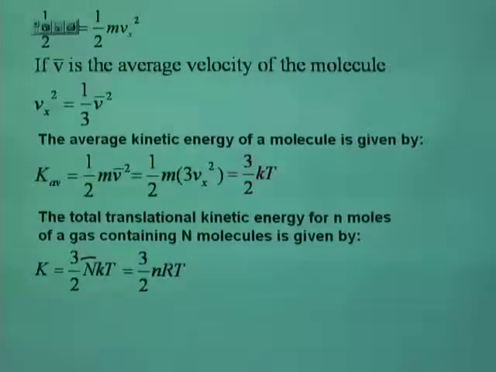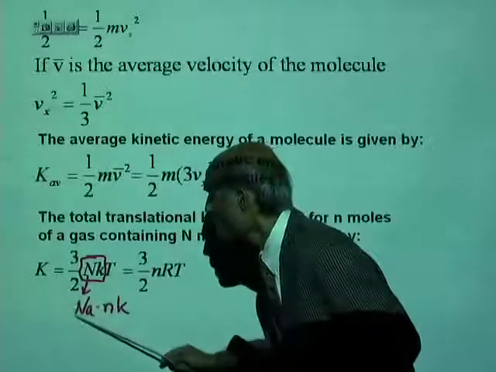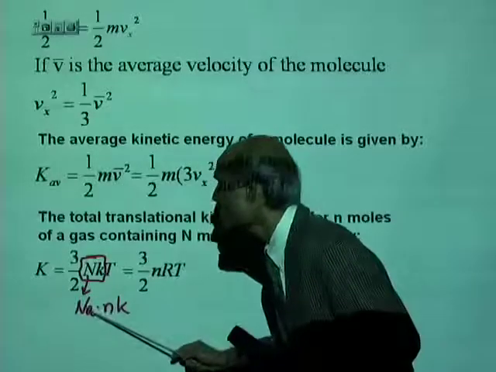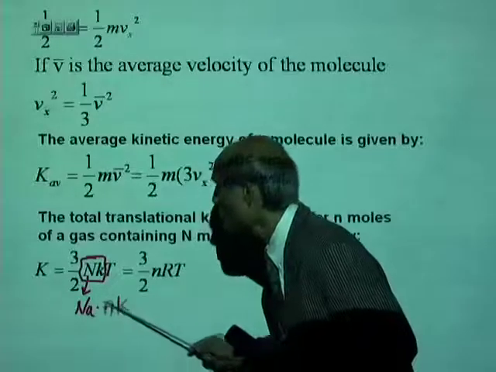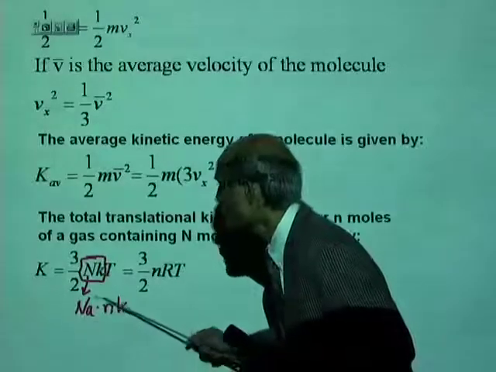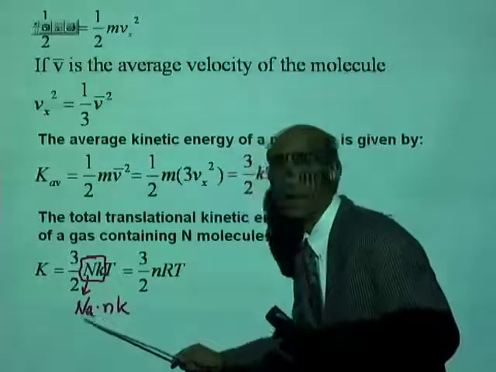Now, take this N times k. The N, the total number of molecules, can be written as Na times n, and that is multiplied by k. I hope you understand that. The total number of molecules is the number of molecules per mole, that is Na, Avogadro's number, multiplied by the number of moles. This will be your N. And you know, Na times k, what do you call that?